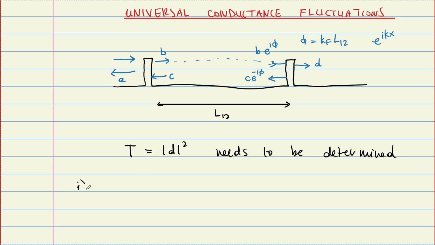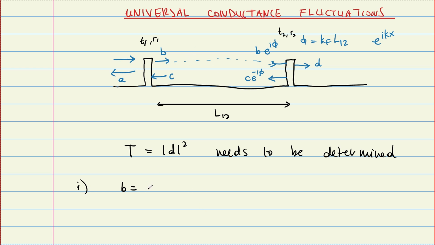The first one is on this interface. We need to have B, which is transmitted, come from either, let's call this T1 and R1 for transmission and reflection from the left hand side, and this one is going to be T2, R2, transmission and reflection from the left hand side for the second impurity. And if it is transmission and reflection from the right hand side, I'm going to put primes.